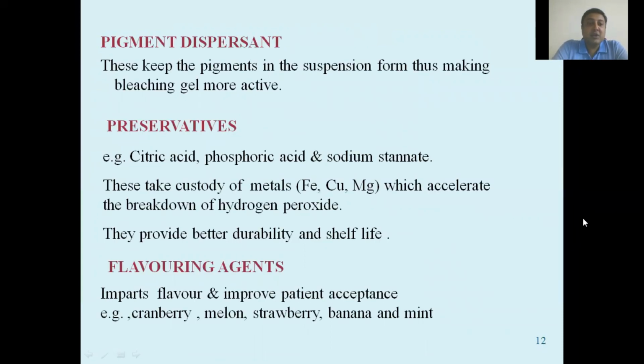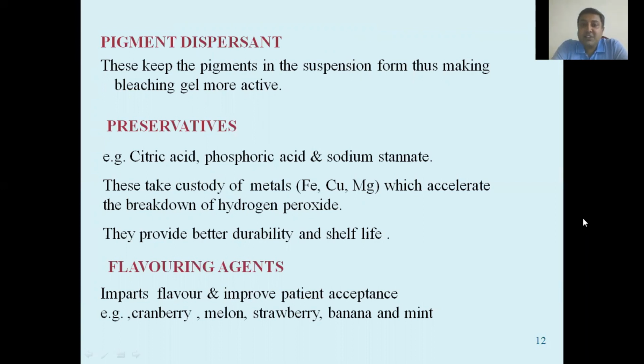Next come pigment dispersants. These keep the pigment in suspension, thus keeping the bleaching gel very active. The next component is preservatives. Common examples are citric acid, phosphoric acid, and sodium cyanate.